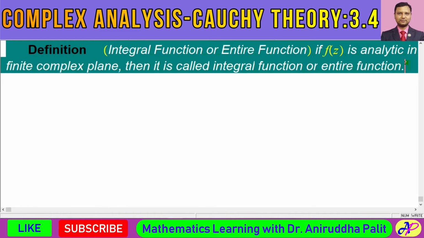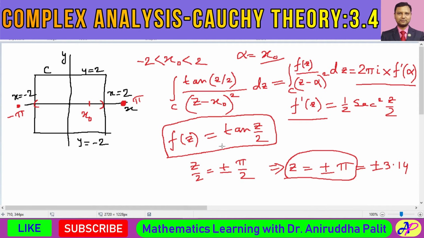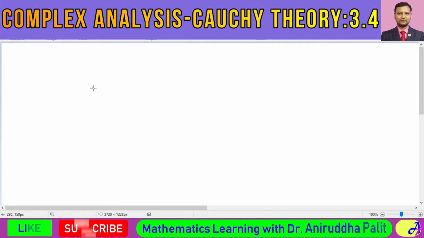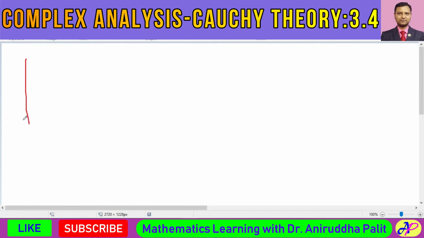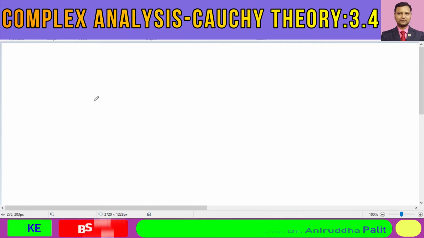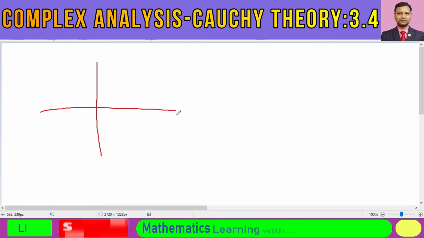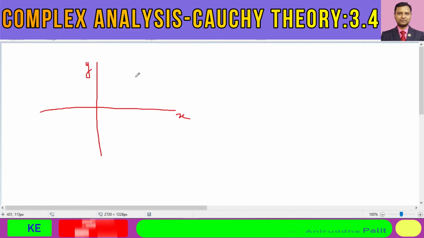Okay. Now, what is finite complex plane? Let me draw this over here. Now, finite complex plane means that if we have this kind of complex plane, suppose this is x-axis, this is y-axis.